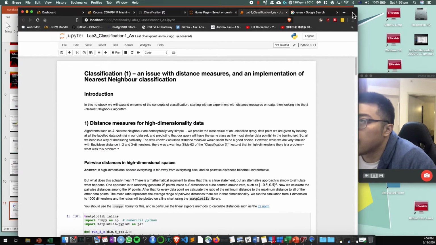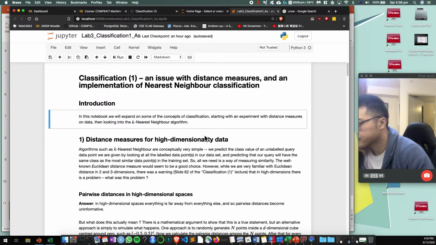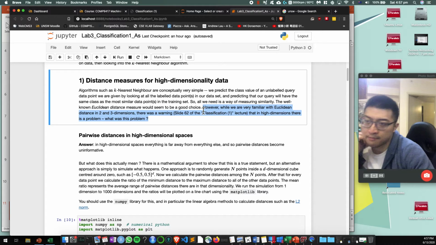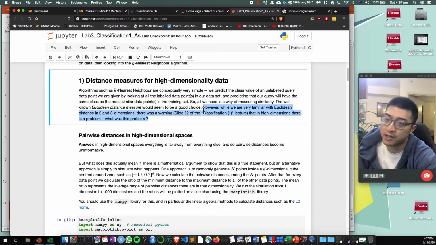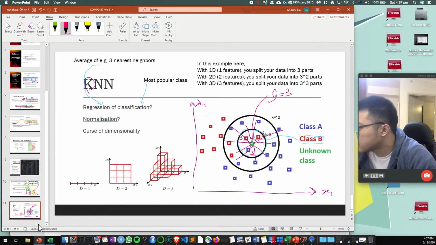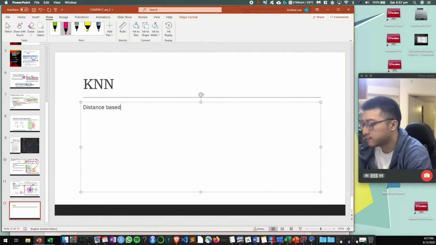Okay, what can I say here? There's a lot to say. Let me zoom in a touch. One thing to be mindful of, or considerations with your k nearest neighbors, is that it's distance based, which comes with a few considerations. KNN is distance based, which means that it's sensitive to the scale of the features, right?